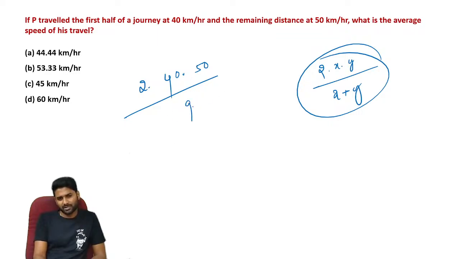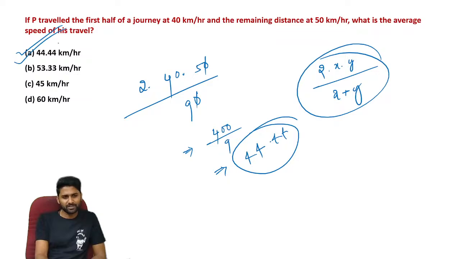So it's 90, right? Directly you can consider 9. So finally, 5 into 2 is 10, 40 into 10 is 400 divided by 9. So 9 into 4 is 36, and it's all about 44.44 kilometer per hour.